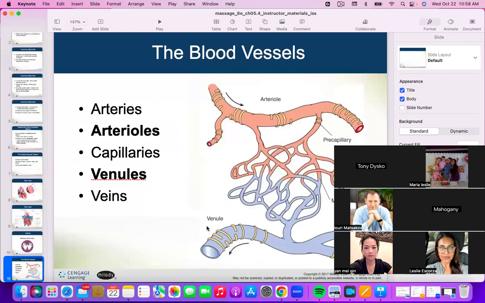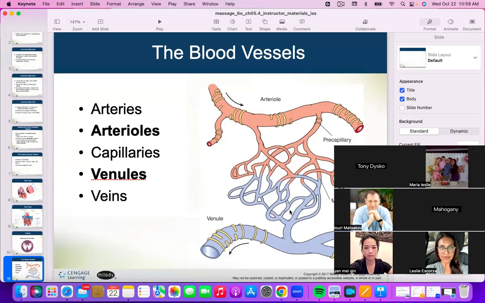So the blood vessels, we said they go from larger to smaller. Arteries and veins are the largest. Then they will branch out into something called venules or arterioles. The large artery will branch into arterioles, and the large vein will branch into venules.